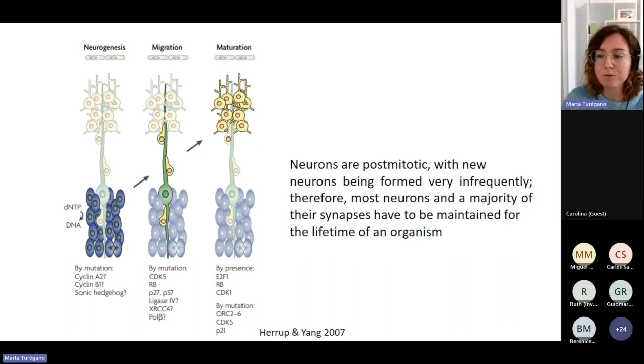So they have to have strategies to recycle and degrade the molecules that have some errors, mistakes, or something like that. So it's important to maintain the components that support the function in a neuron.